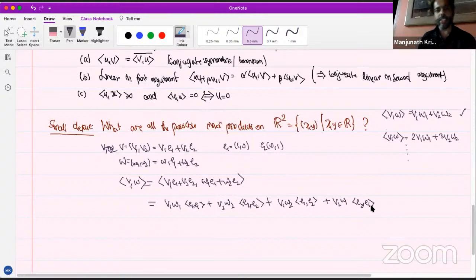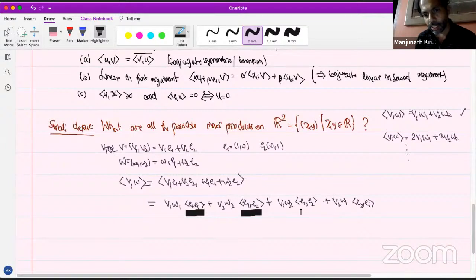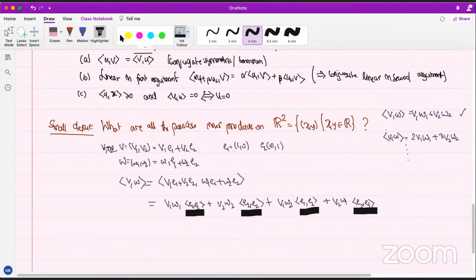So in other words, it's enough to know the inner product between these vectors alone: E1 with itself, E2 with itself, E1 with E2, and E2 with E1. That's all you need to know. Then you can find the inner product between any two vectors.